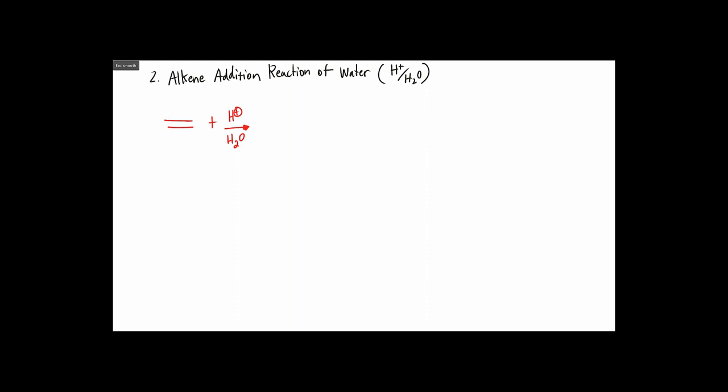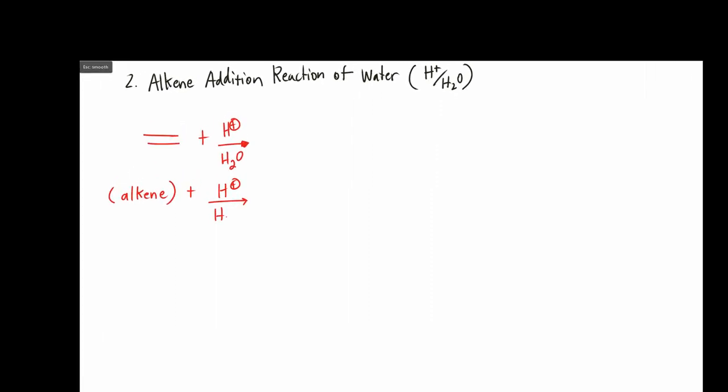Let me put in parentheses, we're going to start with an alkene, and we're going to wind up with an alcohol. So this is one of your addition reactions where you can actually get an alcohol.